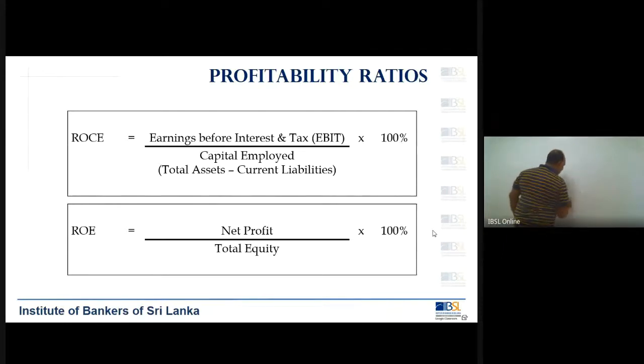Return on capital employed is EBIT divided by capital employed into 100%.